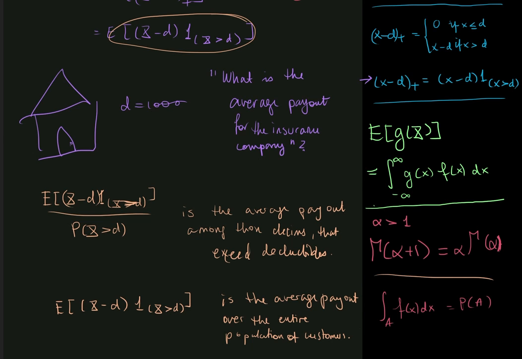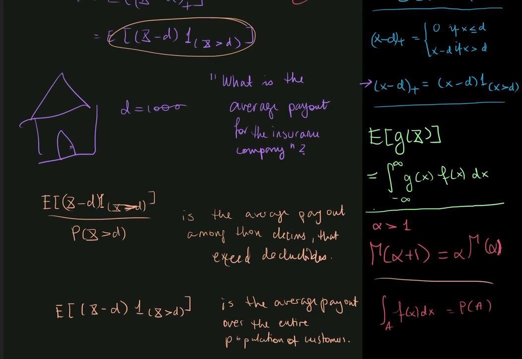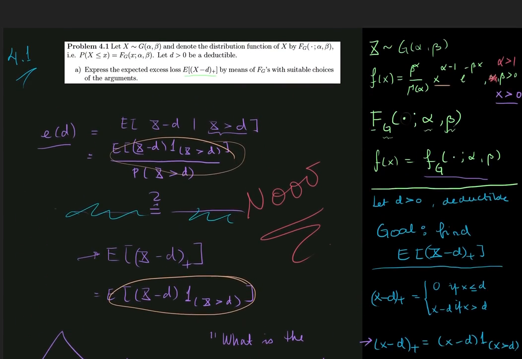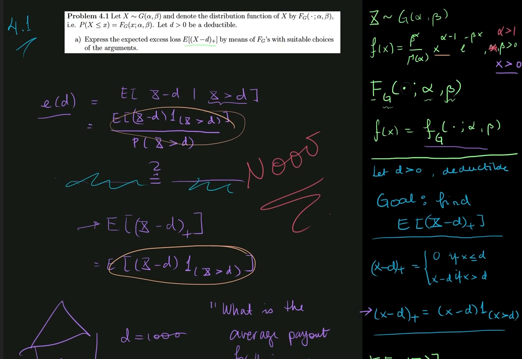And that is where the difference lies. So it's a very subtle difference, but it's an important difference to understand. And that was problem 4.1. Think a little bit about this, and if you want to read more about it, there's a link in the chapter 3 section of the website that you may click on. I think it links to an external blog of some kind where they also explain the difference in detail.